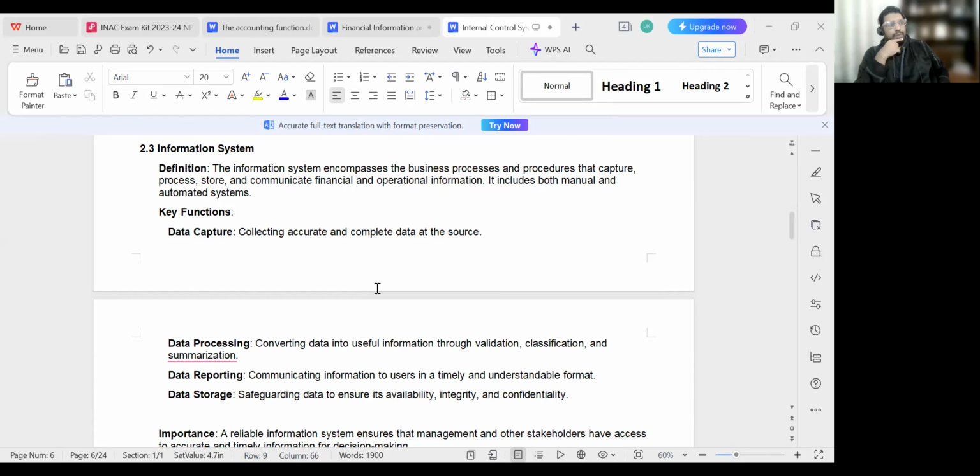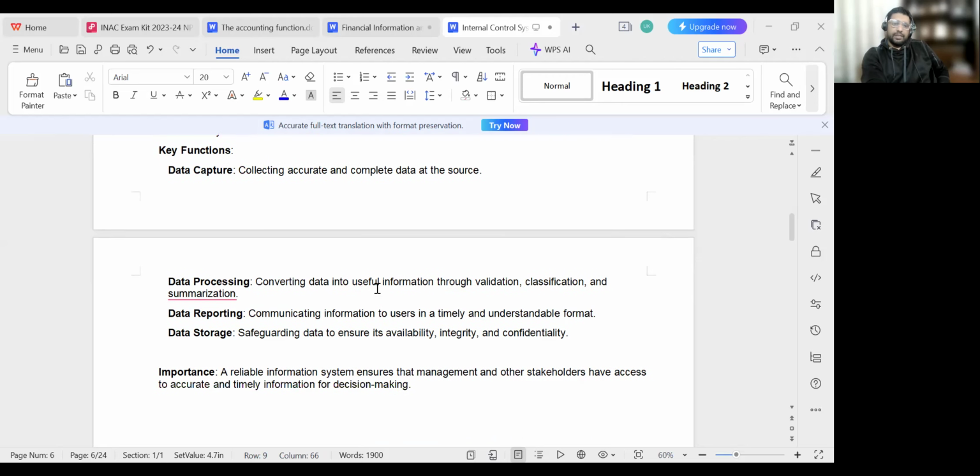Now, you must have heard about the softwares like SAP and Oracle, right? These are the ERP systems. They are responsible for transferring information from one part of the organization to the other. So a strong, good information system is also part of the internal control system.